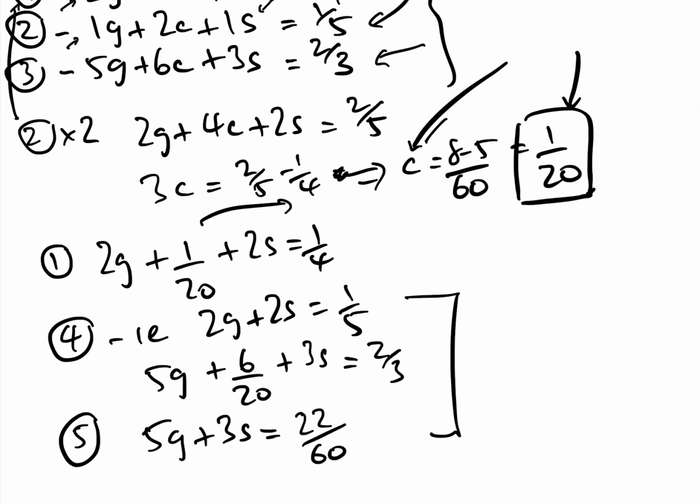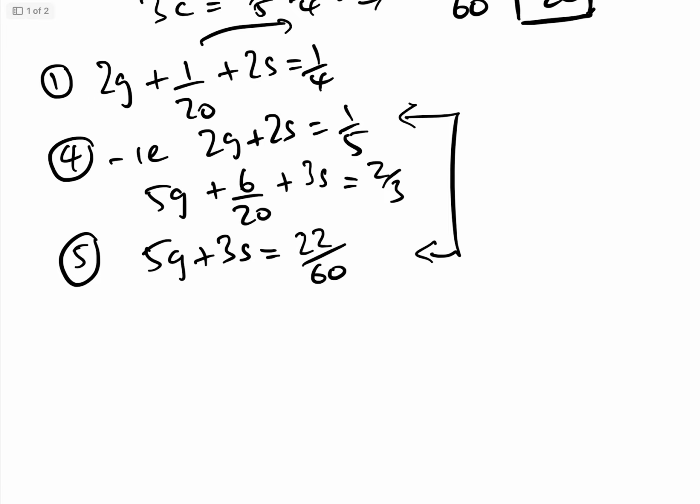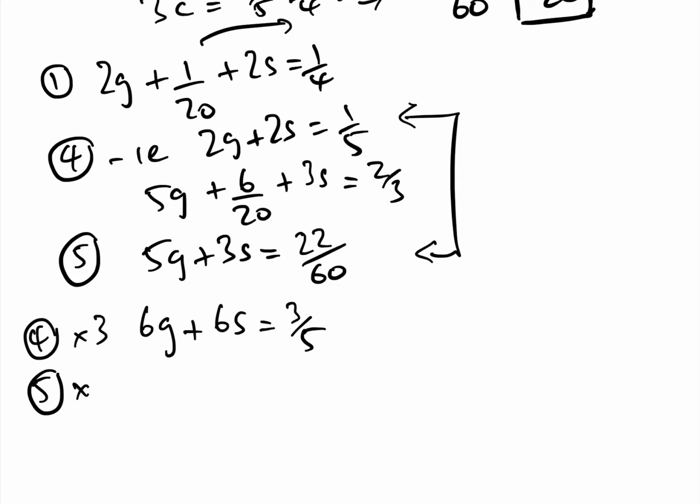Now you can solve these simultaneous equations however you want to. Just use whatever your favourite method is, frankly. What I'm going to do here with equations 4 and 5 is multiply 4 by 3, and that gives us 6g add 6s equals 3/5, and then multiply 5 by 2, and that gives us 10g add 6s equals 44/60.